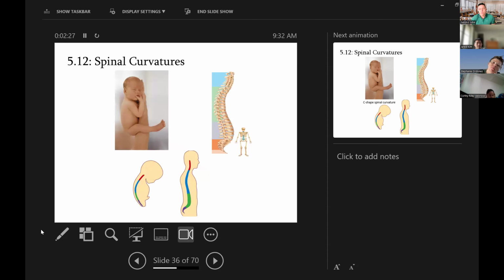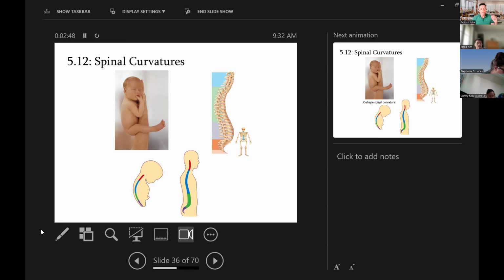Now, since we're talking about the spinal cord, let's talk about some spinal cord problems or issues with the vertebral column and the spinal cord. Folks, throughout our lifetime, we're going to have two different spinal curvatures.